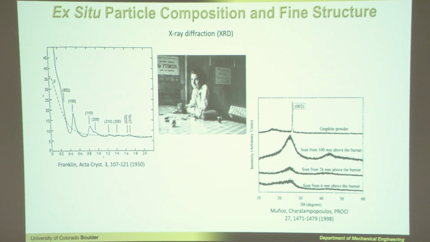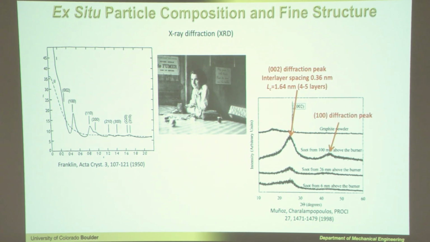That's the 001, the interlayer spacing, and then there's one for soot. And this is one of the techniques that actually was very instrumental in telling us how far spaced the graphene sheets are in soot. So that gave us that answer, and it's been very consistent.